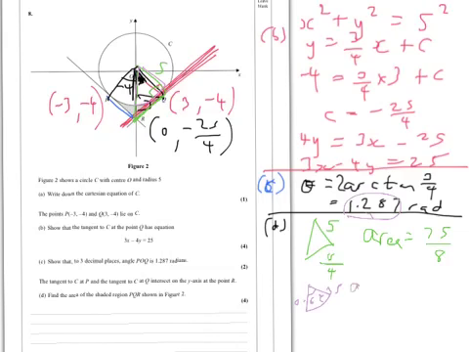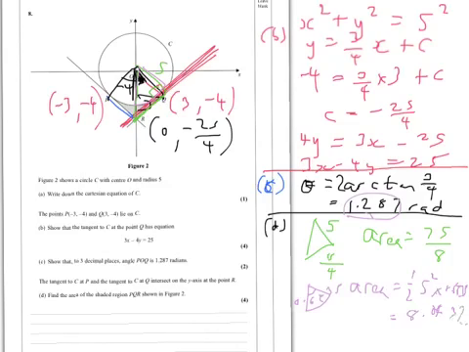So we want the area of that, and the area equals half r squared theta, which is half r squared times the angle 0.6435, and that gives us 8.0437 or something like that.